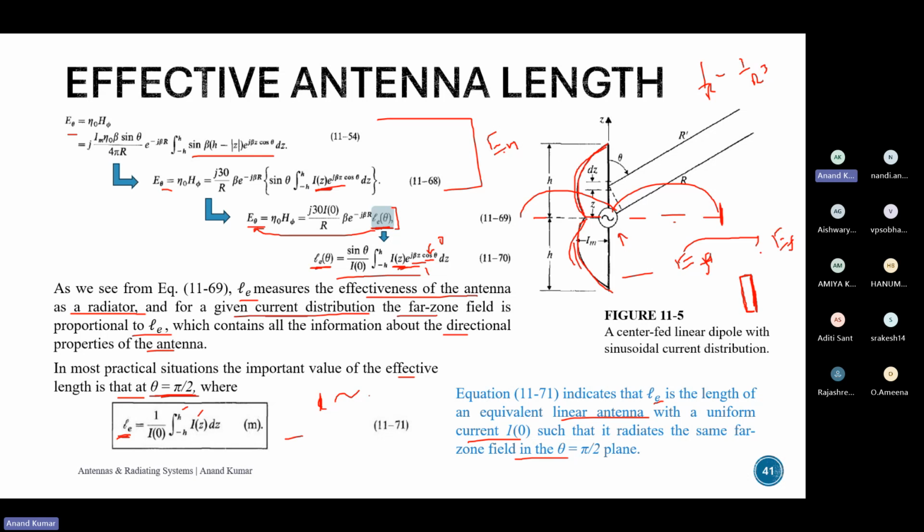We'll get the same electric field expression from an antenna whose current distribution is the same throughout, instead of being zero at the ends and increasing towards the feed. If it was constant throughout, there could be another antenna that gives the same electric field expression. So the length of the antenna with equal current distribution throughout, which gives the same expression for electric field, is the effective antenna length.